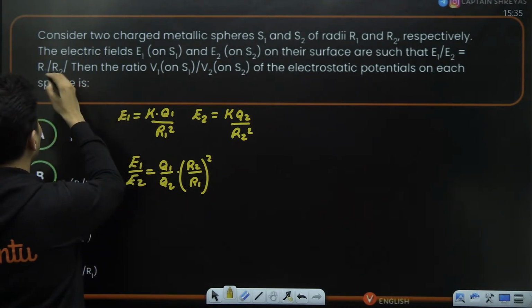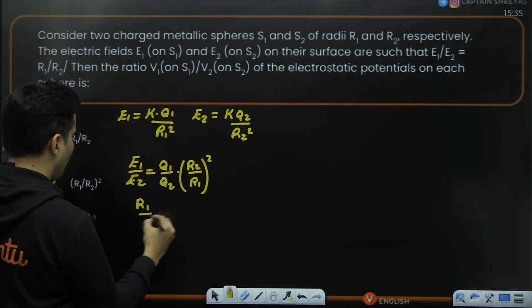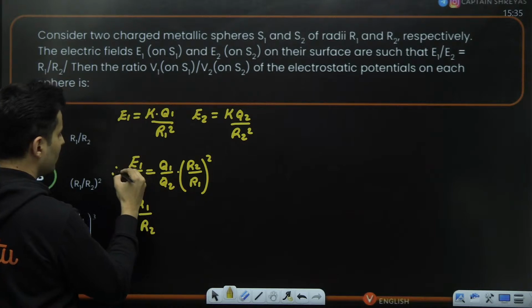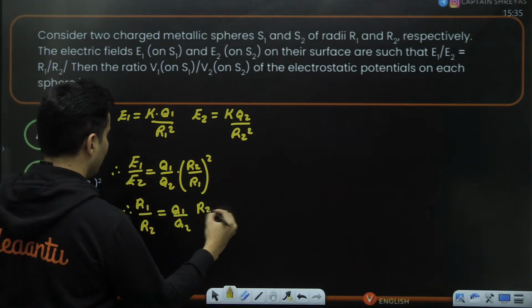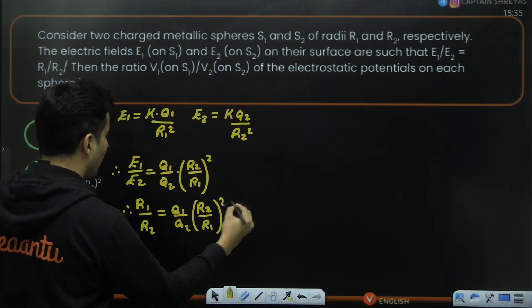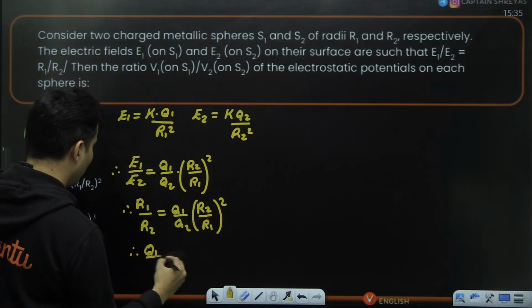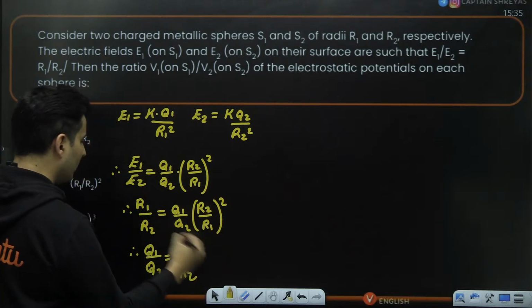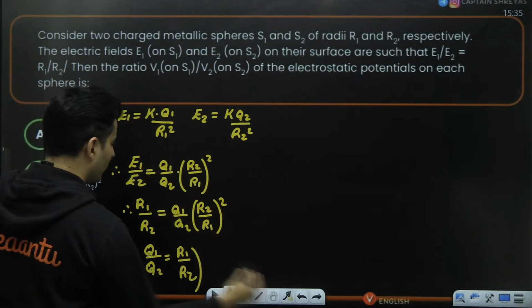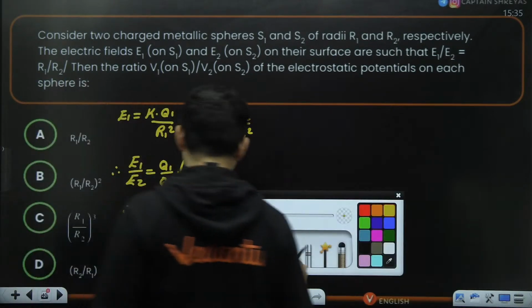But E1 by E2 is given to be R1 by R2. So as per the given information only, I'm using it. So this will be Q1 by Q2, and this will be R2 by R1 the square. So what will be Q1 by Q2 then? It will be R1 by R2, R2 will become cube now. So this will be the answer for Q1 by Q2.